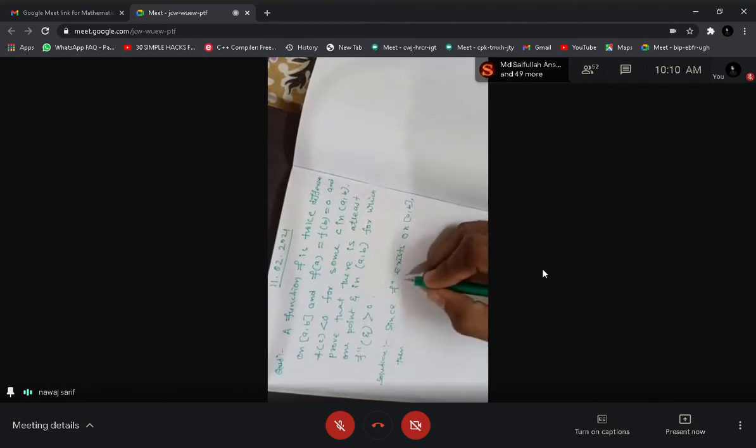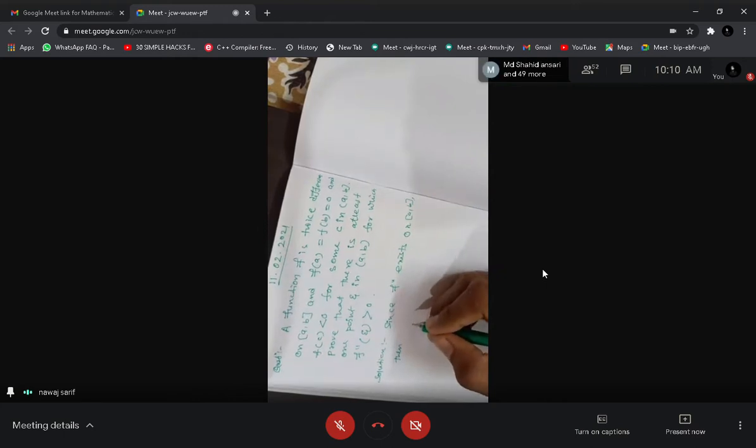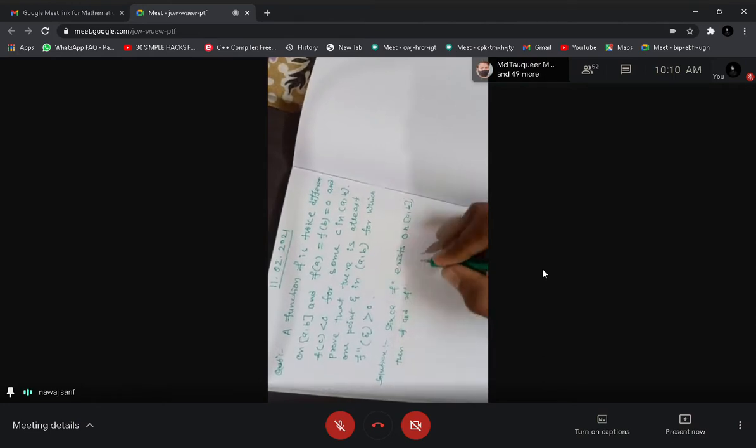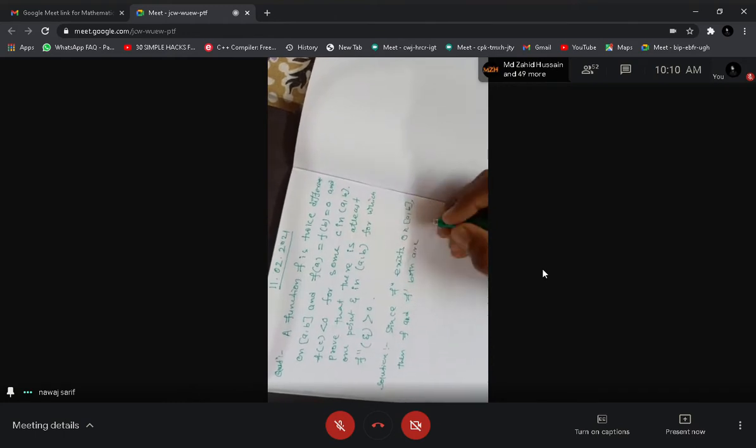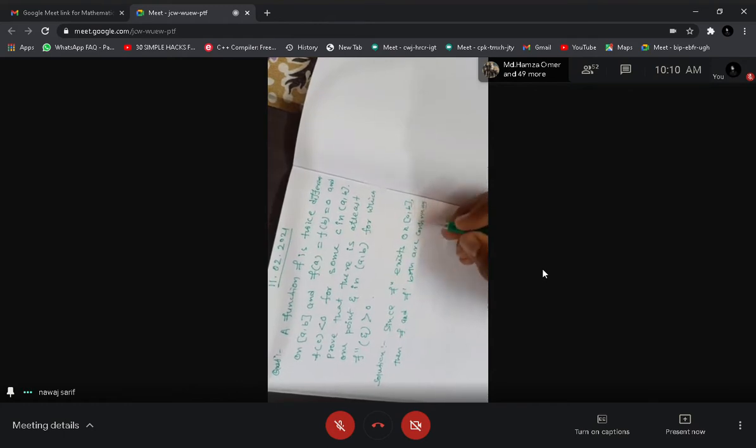Okay, since f double dash exists on the closed interval [a,b], what can we say about f and f dash? F and f dash both are continuous on [a,b].